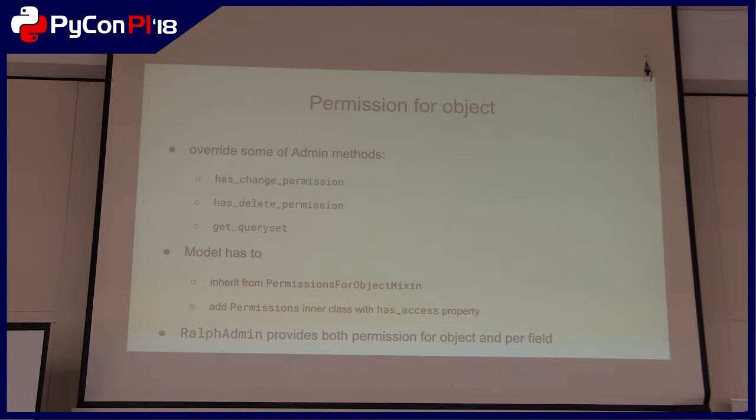I will show you an example in a minute. And what's most important, that Ralph admin provides both permission for object and per field. It handles it underneath. The developer doesn't need to worry anything about it.